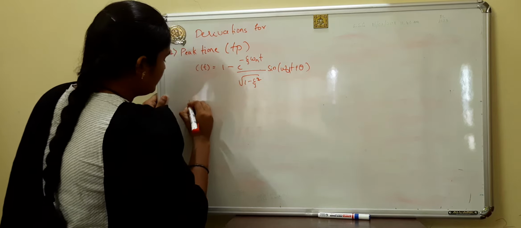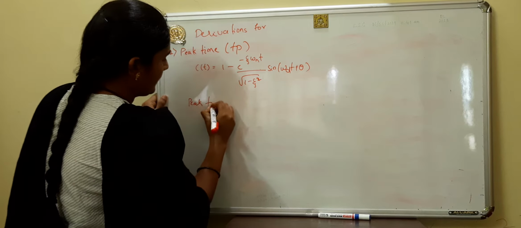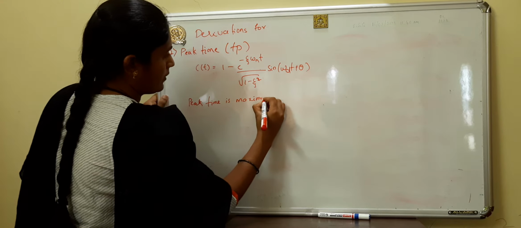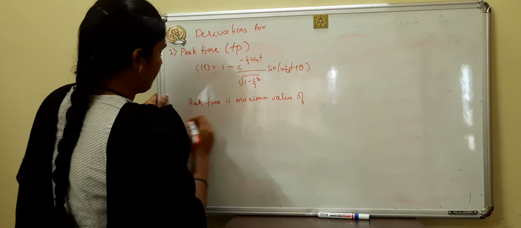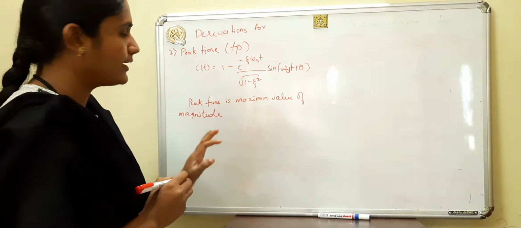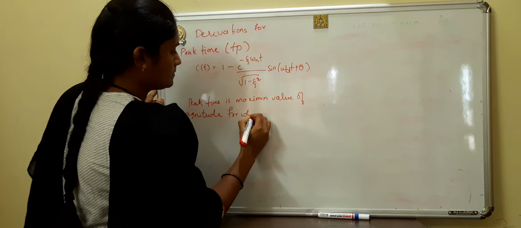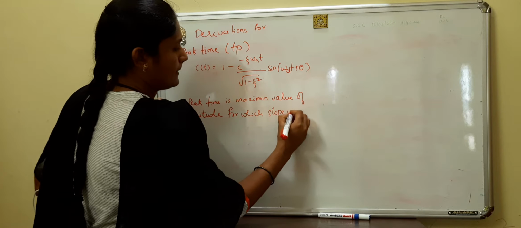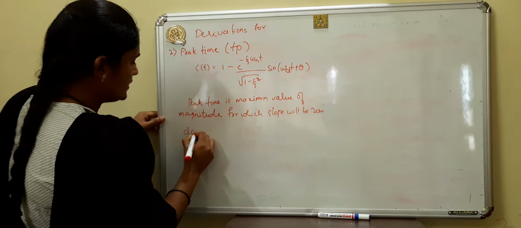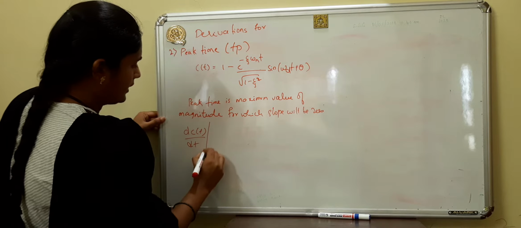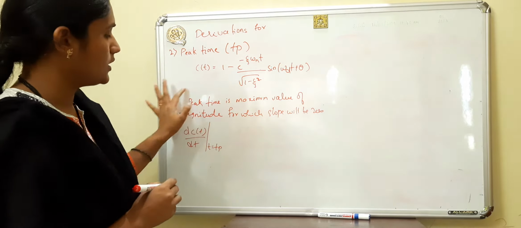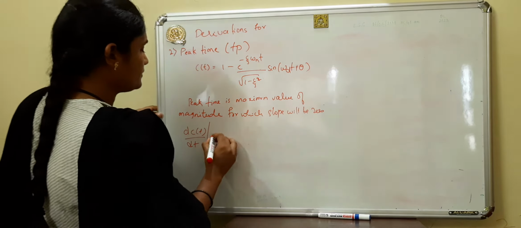Peak time is the maximum value of magnitude for which the slope will be 0. That is dc of t by dt at time t equal to tp should be 0. That is, the differentiation of this should be 0 for peak time. That is equal to 0.